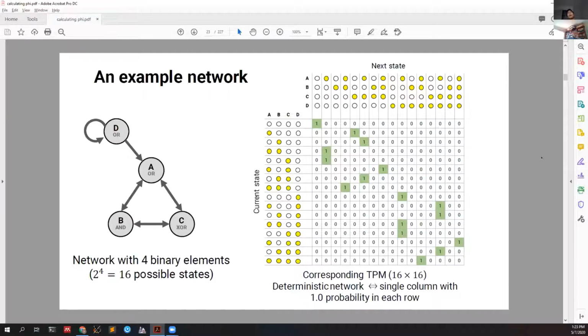So the TPM has 16 possible states for the current and next time step. And again, this is a deterministic network. So when given a particular input, the next time state will be determined only by it without uncertainty.